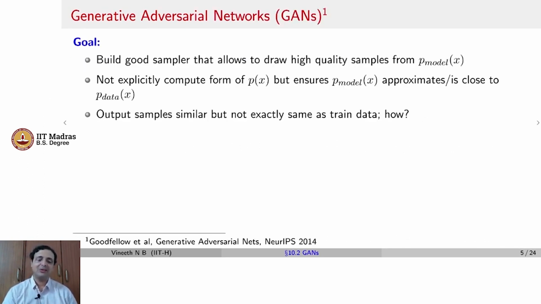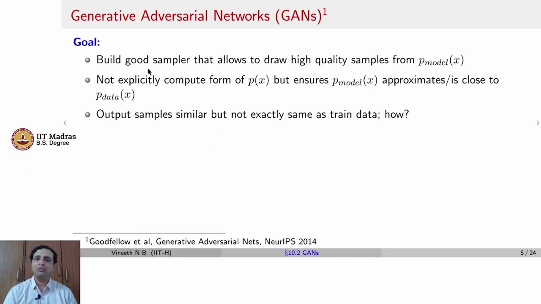With that recap, let's move on to the focus of this lecture, which is generative adversarial networks. These networks were developed in 2014 by Goodfellow et al.